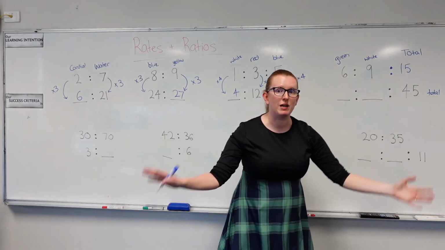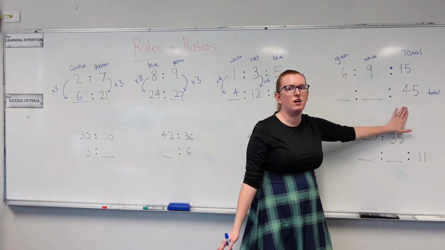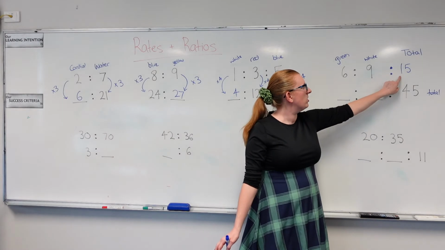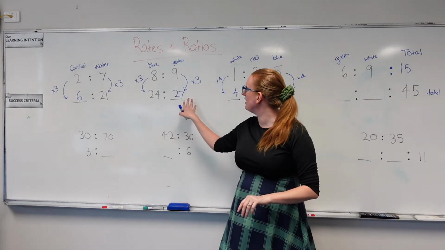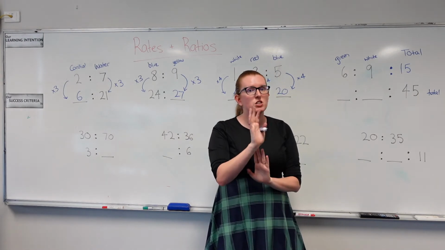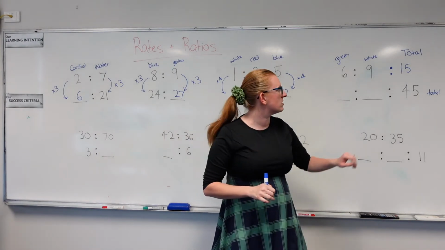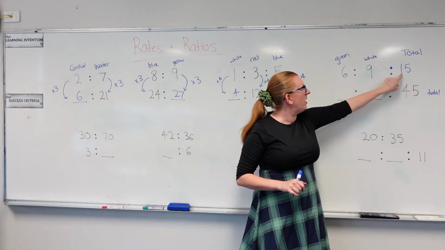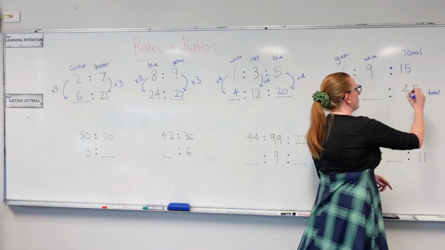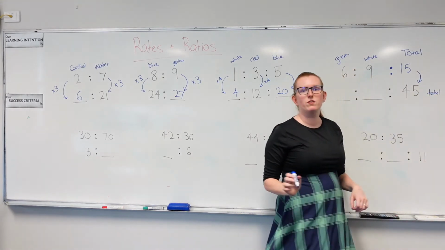Now in real life, when I actually mixed it, I ended up with 45. Now I've got information stacked on top of each other, so I can solve it just like I did here. Once you've got information stacked on top of each other, you can solve it. Now that I've put that total column in, I can figure out how you go from 15 to 45.